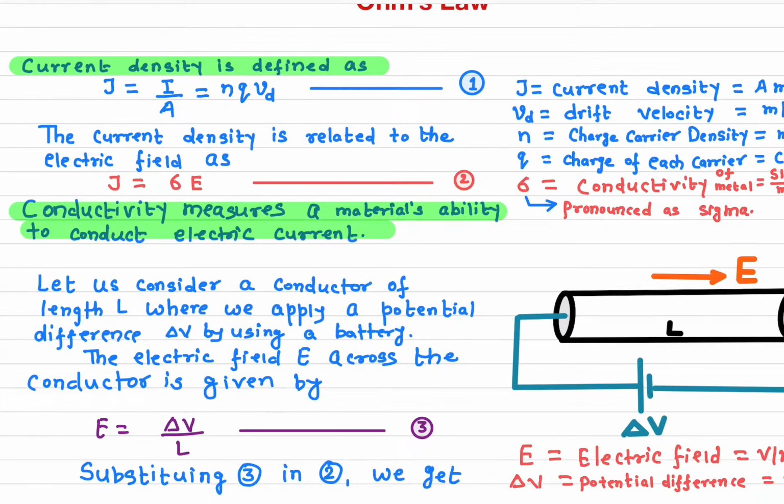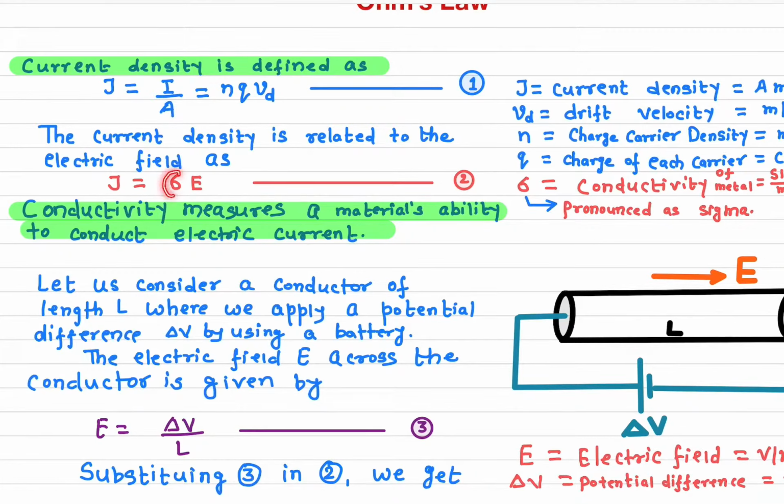The electrical conductivity of a material measures the ability of a material to conduct electric current. The greater the value of sigma is, the more current will be flowing through the conductor, or it has more ability to conduct electric current.